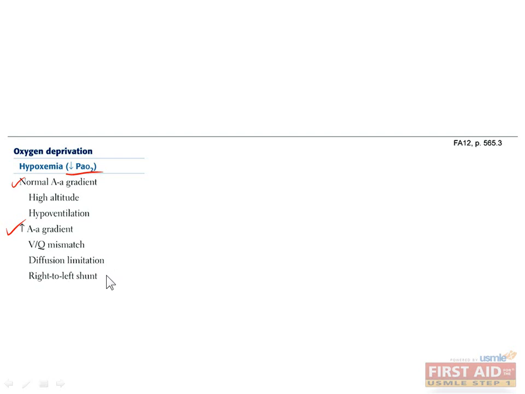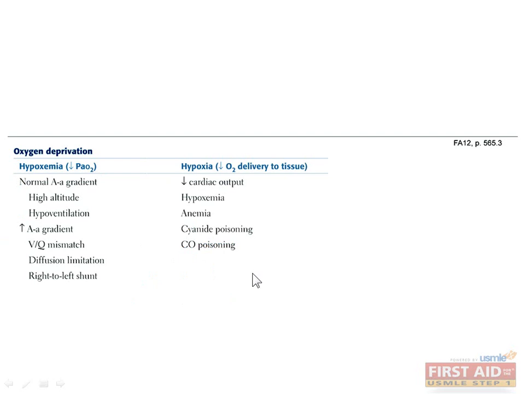Well, it could be anatomic, like tetralogy of Fallot with a VSD, or it could be physiologic, like pulmonary edema. Hypoxia is the condition where you have decreased oxygen delivery to the tissue, and this can result from hypoxemia, as we just discussed, or from other factors such as decreased cardiac output or carbon monoxide poisoning.